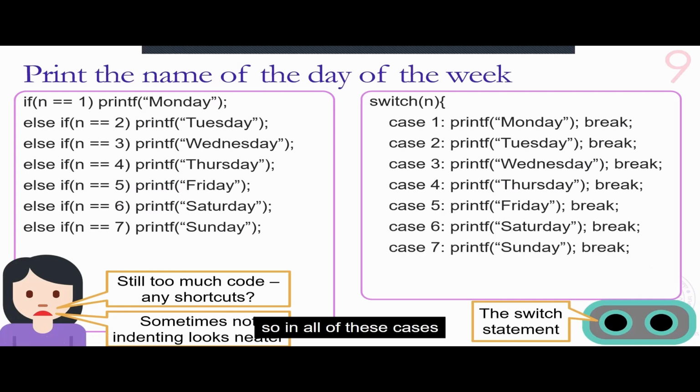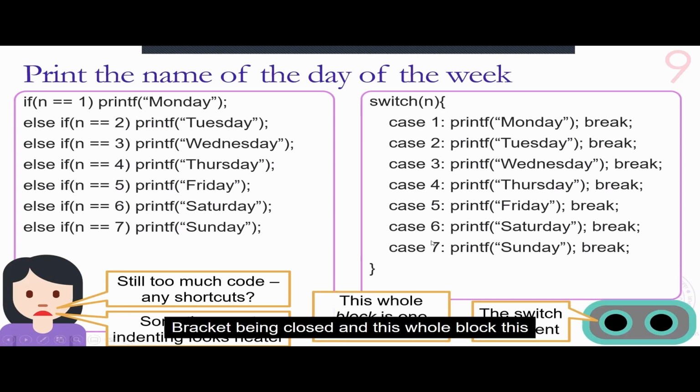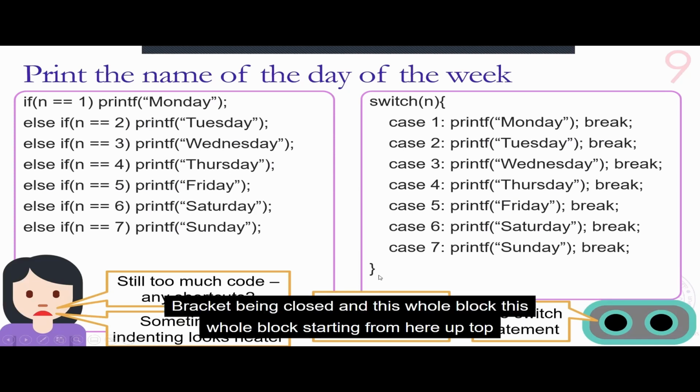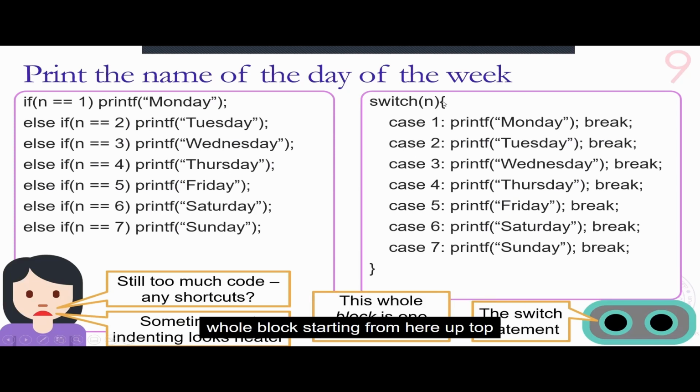So in all of these cases, we end up printing the day of the week based on the value of n. And then we have this bracket being closed and this whole block starting from here up top down to the bottom is one valid statement in C.